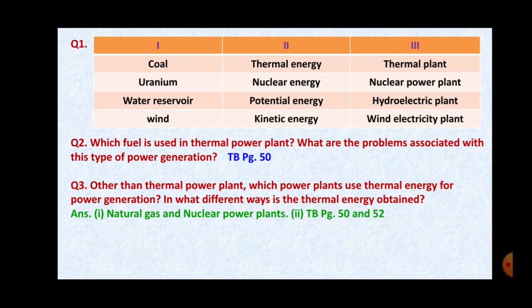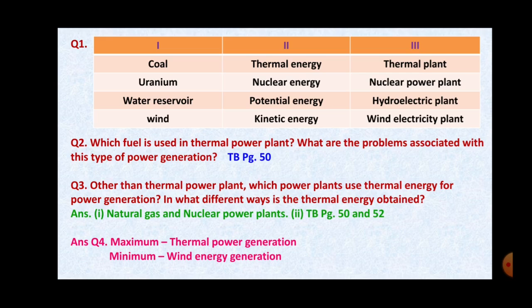Okay, and in natural gas, the combustion of natural gas produces gas which is used to run the turbine. This gas is under high pressure and high temperature, and this is also used to produce thermal energy. So this you will write in your own words.